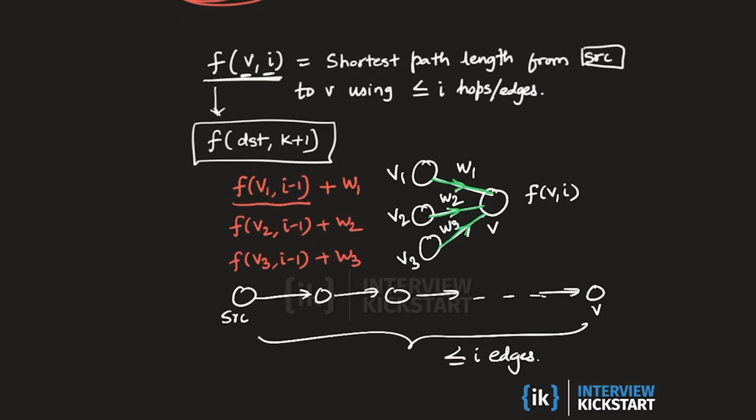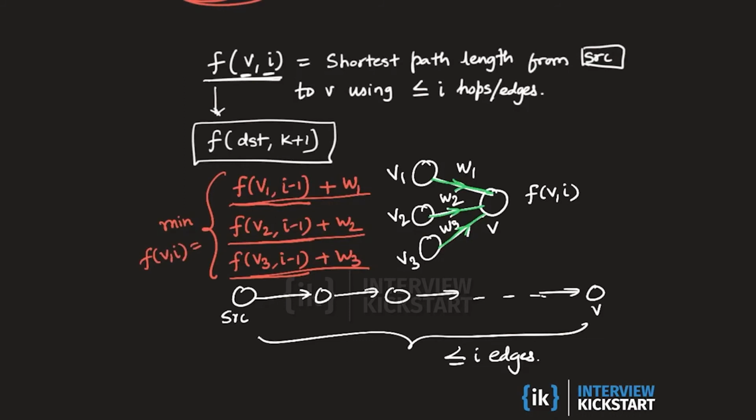But if I knew these three values, I could compute these three sums and then pick the minimum among them and claim that f of v comma i must be equal to the minimum among them.